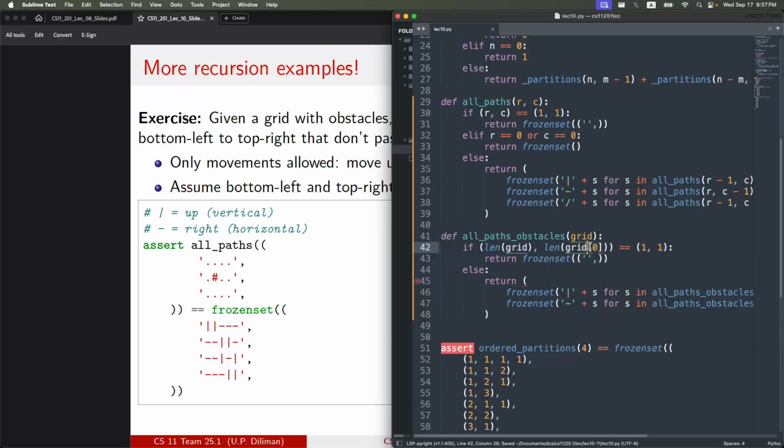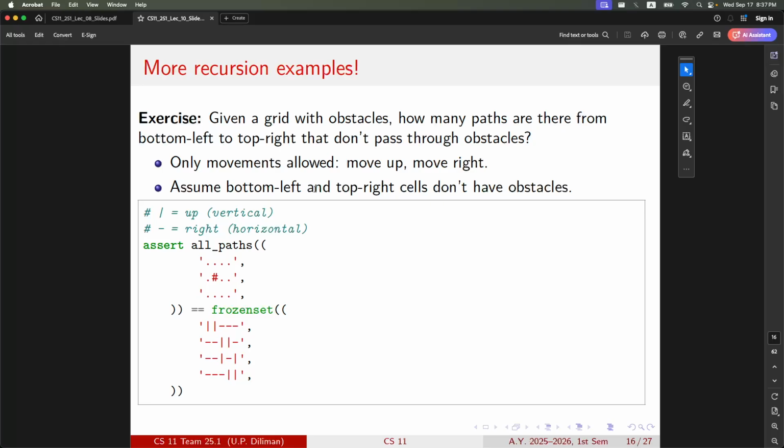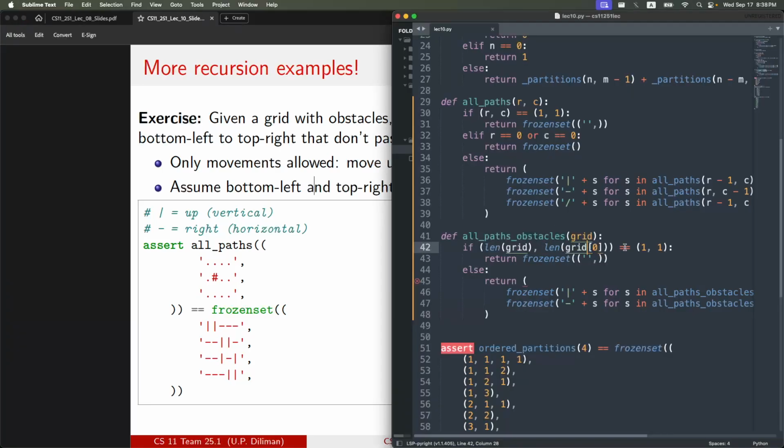Assume the bottom left and top right cells don't have obstacles. If the grid contains only one cell, then there's only one path, the empty path.